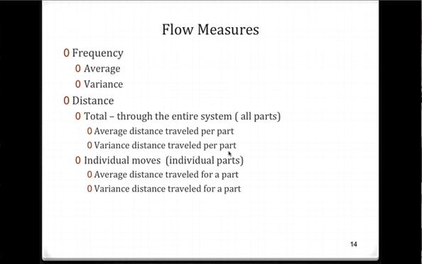You'd also like to minimize the variance of that distance traveled. And then the individual moves themselves. If I look at a part, how far does it travel just for that individual part? So these are measures that we can use to try to quantify the amount of traffic and whether we have poor flow or good flow in our system.